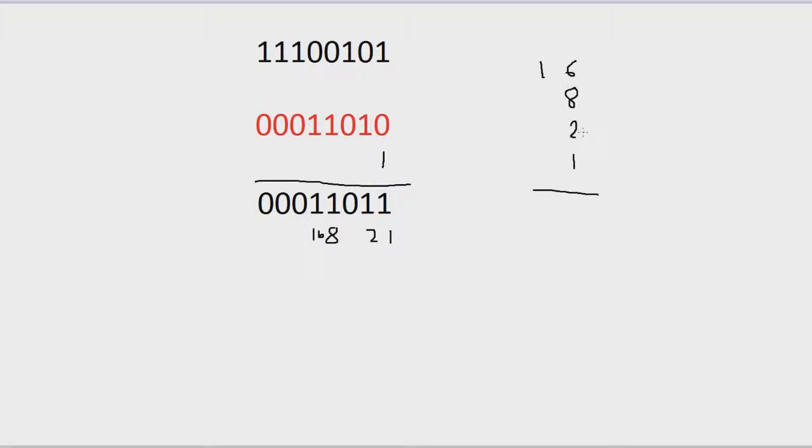This would be 24, 25, 26, 27. And we carry 2. And then we've got 1 and 2, which would be 37. But this would be minus 37, because we did 2's complement on it. That's the representation of 2's complement in binary.